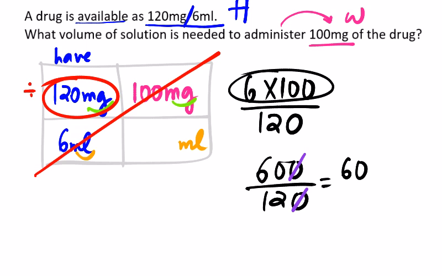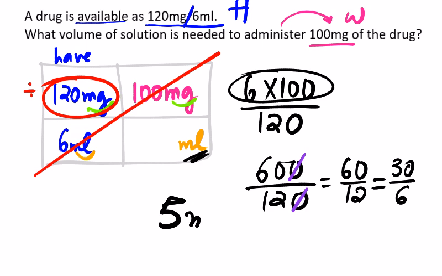So you end up with 60 divided by 12. How many 12s into 60? Or you could halve it again if you wanted. Half of 60 is 30. Half of 12 is 6. How many 6s into 30? 5. So we can say the final answer that we have here will be 5.